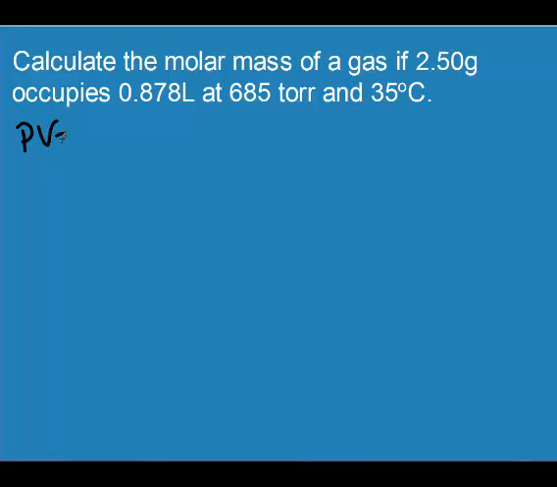So we've got PV equals nRT. Because we're trying to solve for molar mass, and molar mass is related to moles, we're going to solve for moles. So moles is equal to PV over RT. Our pressure is 685 torr.